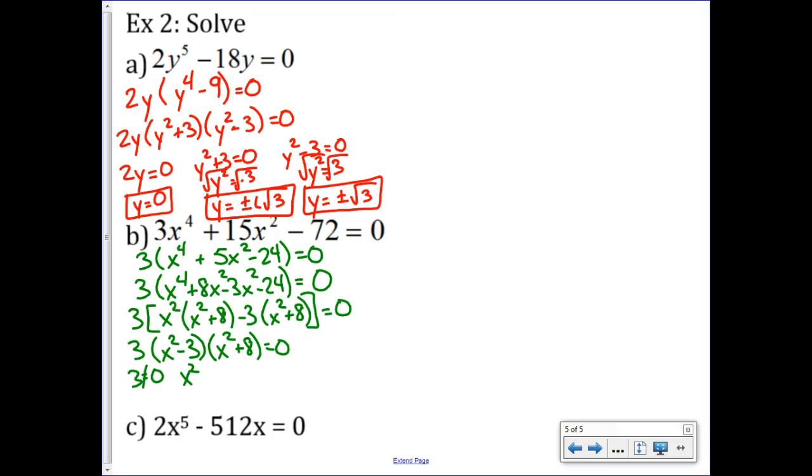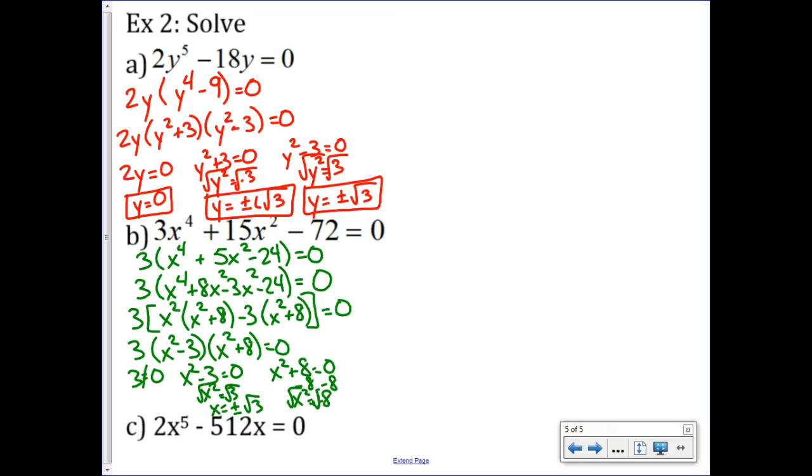And I have x squared minus 3 equals 0. And I have x squared plus 8 equals 0. So if I add 3 to both sides, I get x squared equals 3. Take the square root. So x equals plus or minus radical 3. And then if I subtract 8 from both sides, I get x squared equals negative 8.